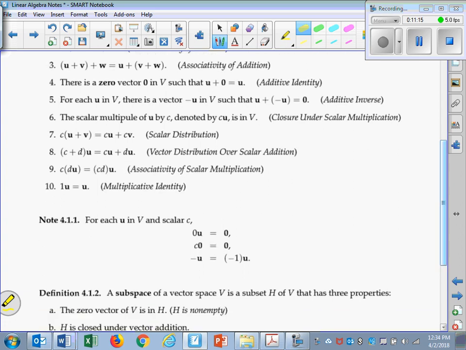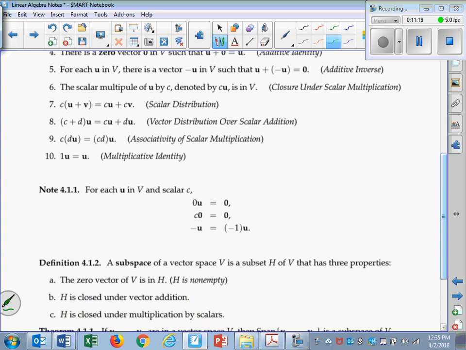Now, it's the case that we can simplify a few of these or deduce some new things from these in this next note here. So notice that if I scale a vector by the real number 0, we get the 0 vector.